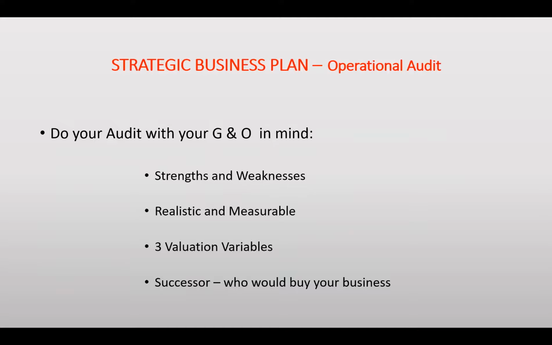And remember the 3 valuation variables. And the other thing I always talk to advisors about is when you're looking at refining your business, think about who might buy it. Who's the perfect buyer? Who's going to pay you more for your business? And then you try and set it to that.